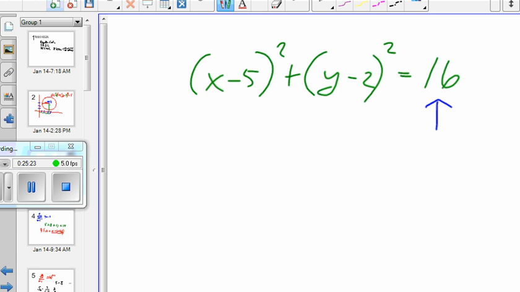Okay, so that 4 squared could be there too. If I wrote it this way, it would have been just a little too easy to say the radius must have been 4. Okay, then how far did it move to the right and stuff such that what's the center of this circle? It starts at 0, 0, and then it moved to where? 5, 2. You got it. 5 to the right and up 2, even though that seems like down 2.